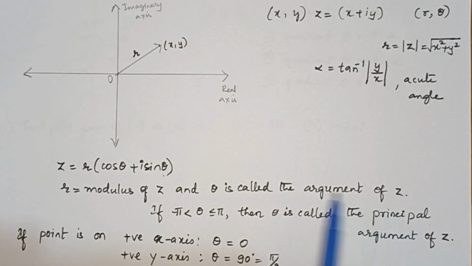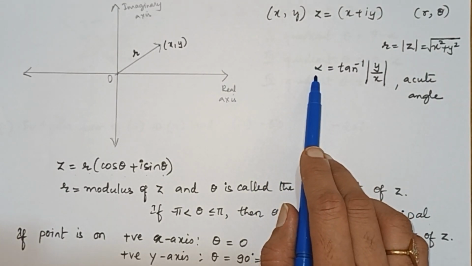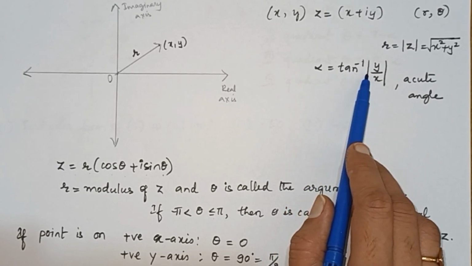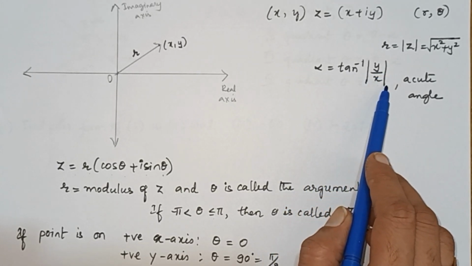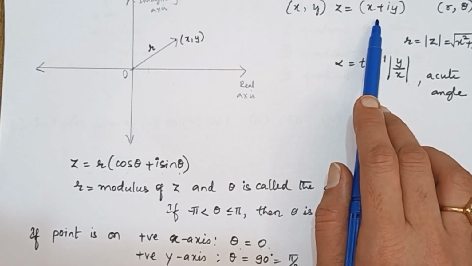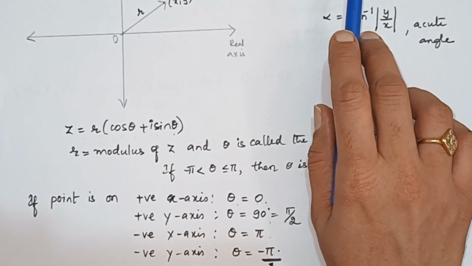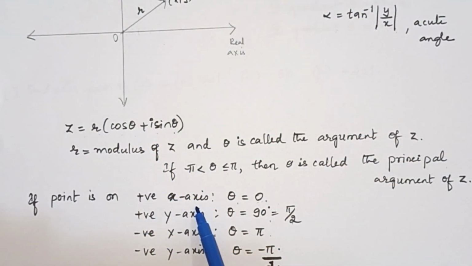To find the principal argument, we need this acute angle alpha, which is calculated as tan inverse of modulus of y by x. We know that for every point there is a unique complex number associated with it. Therefore, if the given complex number's corresponding point is on the positive x-axis, the principal argument is equal to 0.